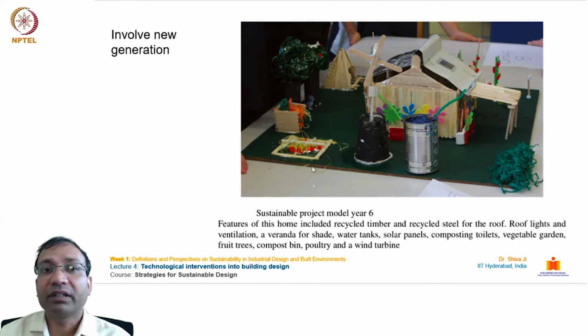All of this is not just a piece of a model or a worthless exercise, but it is going to create an impression on that child's brain for a longer period of time. At least he or she will get exposed to these concepts: how a house should be built, in what ways it can be designed, how to use the materials.